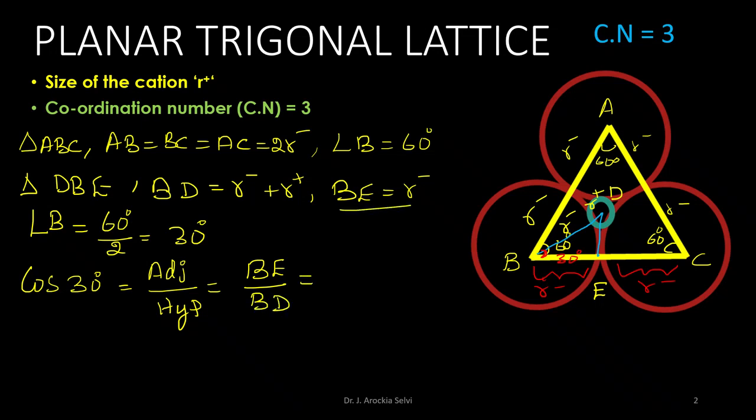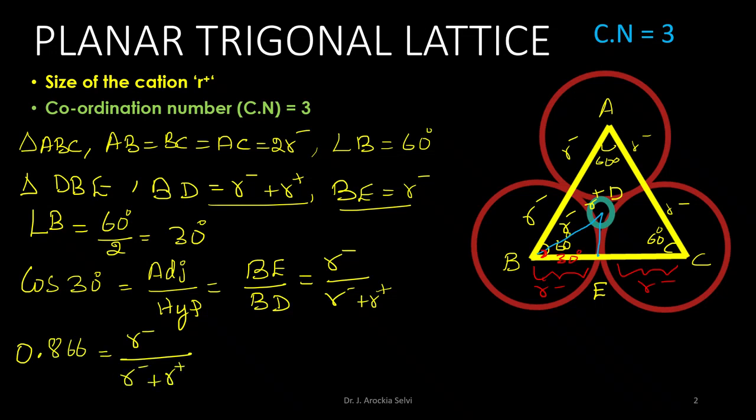We know BE is R minus and BD is R minus plus R plus. Now cos 30 is root 3 by 2, which is 0.866, equal to R minus divided by R minus plus R plus. Taking the reciprocal, 1.0 divided by 0.866 is equal to R minus plus R plus divided by R minus.